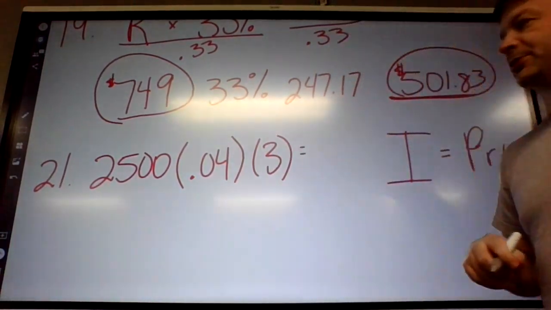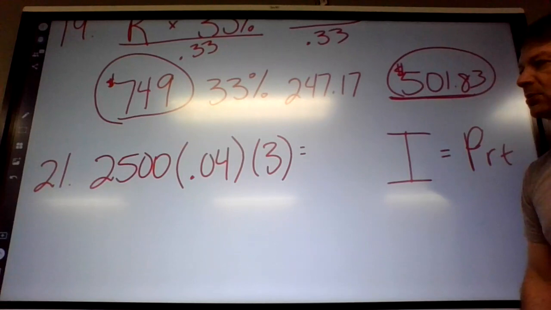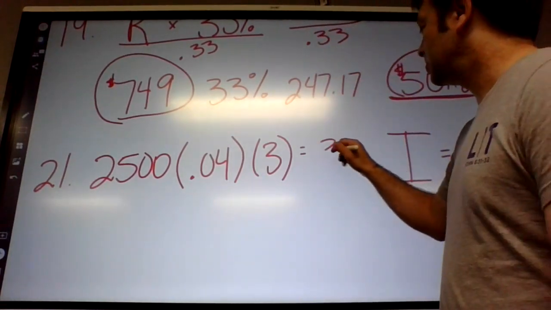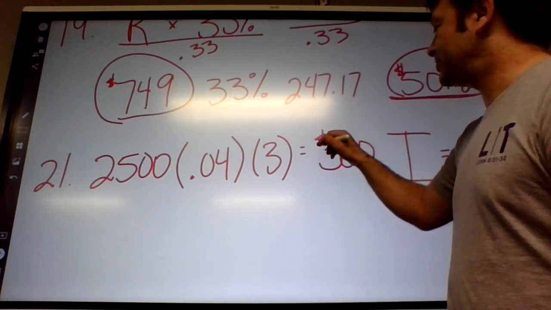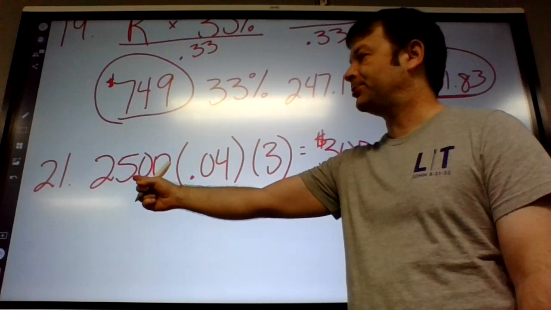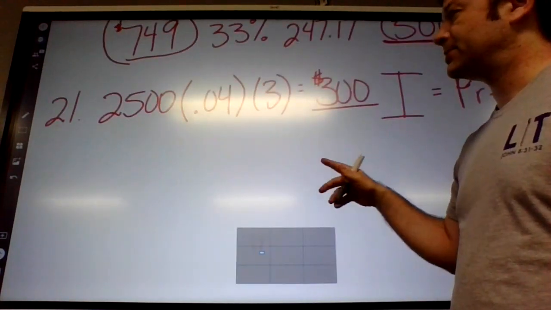So all you do is multiply those three together to figure out the extra money that needs to be paid. What do we get? $300. Okay. If they said the total amount to be repaid, you'd have to add the $300 back to the original $2,500. But they don't ask that. Just that's the answer.